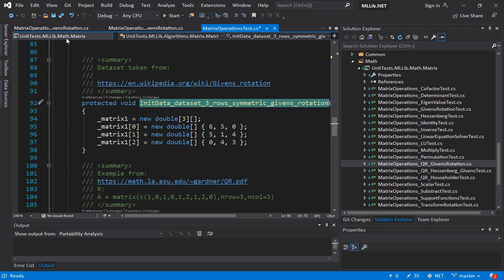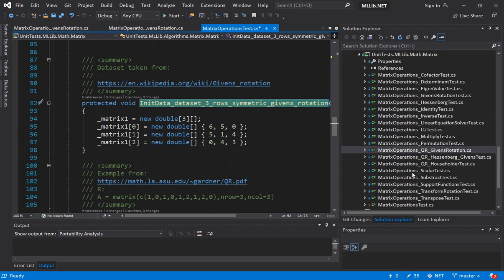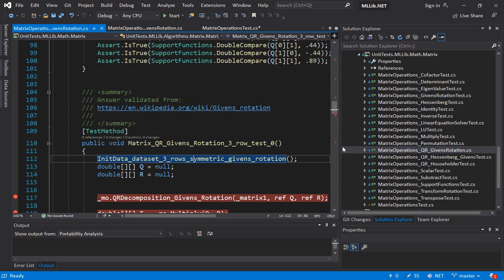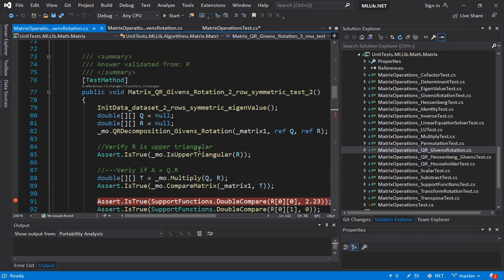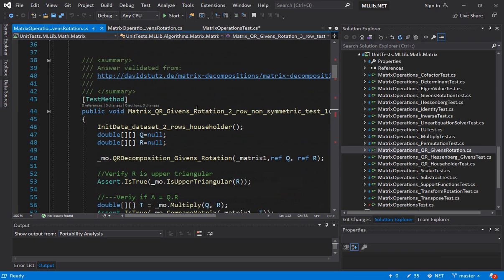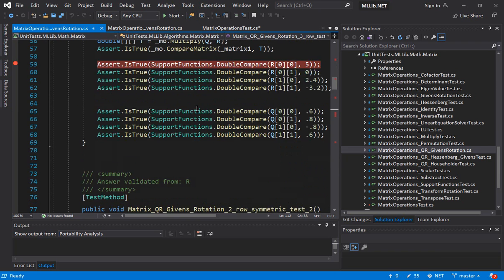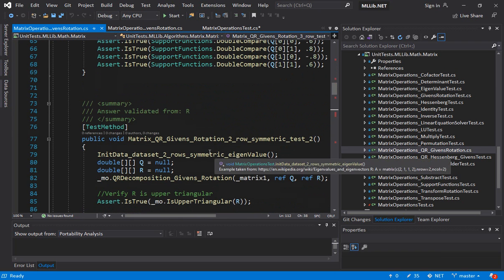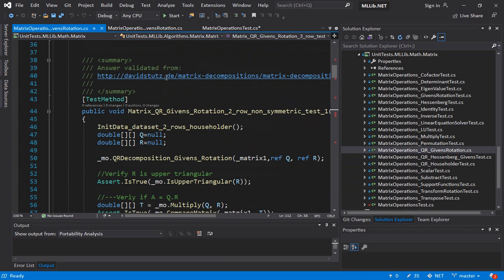Going back to the Givens rotation test, let's go down to the wiki. Here's the article. We have done some other testing here using a symmetric matrix, as well as comparing values from R. This was the data taken and we ran it into our system, and here's another one where we compared it from another article. This way we have multiple levels of testing being done for this function.